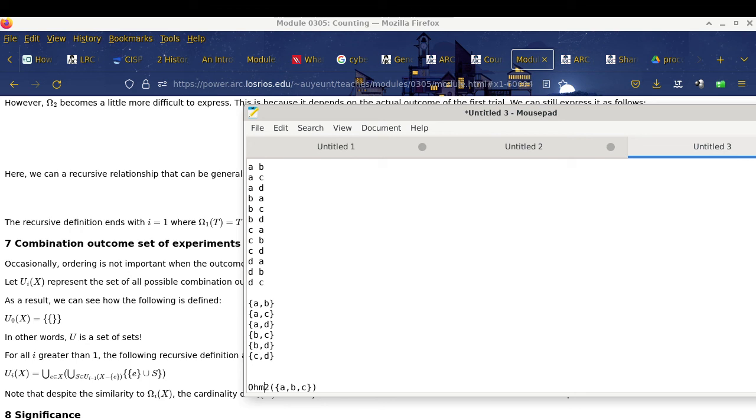Try to solve this one, omega of 2, and then the set, the first set is A, B, and C, just 3 items in it. We already know what it's supposed to have, okay? The outcome set is supposed to be a set with AB, BA, AC, CA, BC, CB. Those are supposed to be 6 tuples in the outcome set.